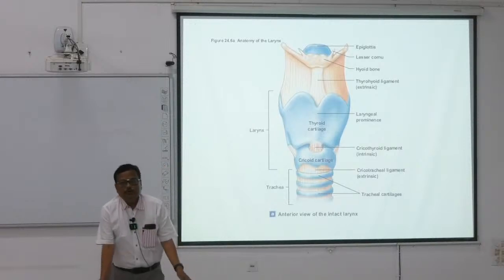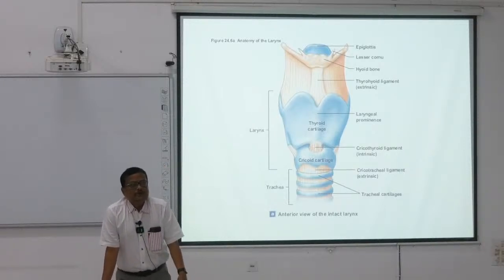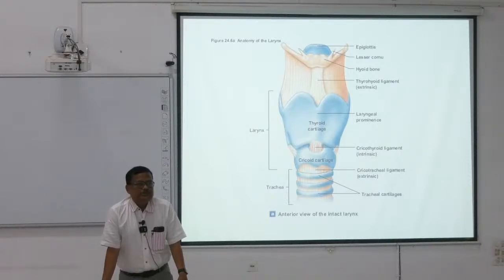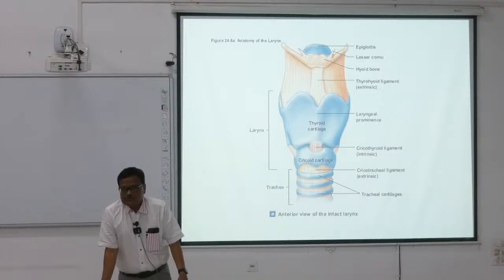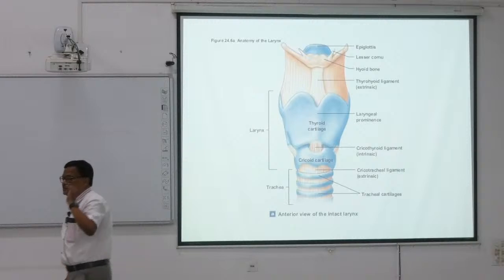I have already told you, the larynx is made up of cartilages, muscles, nerves, vessels, and ligaments. In examination, what are the usual questions? Usual questions are many. I am telling about the theory.